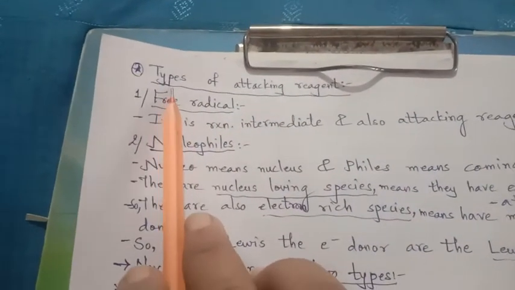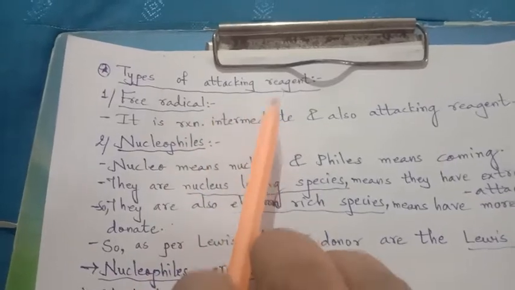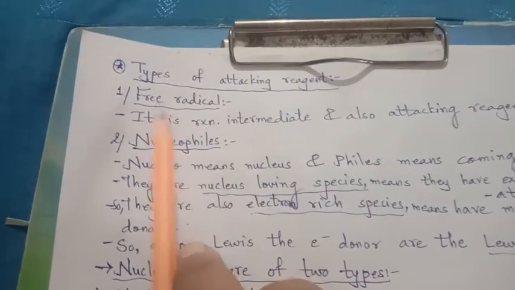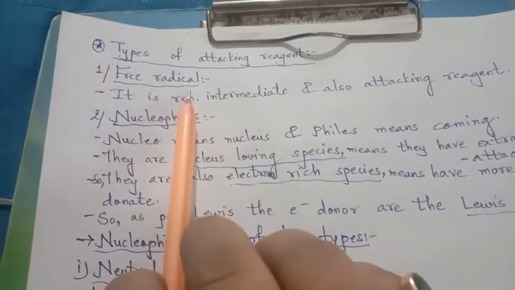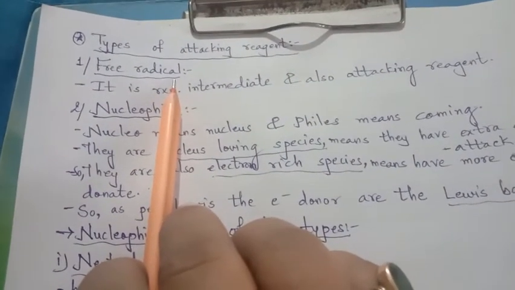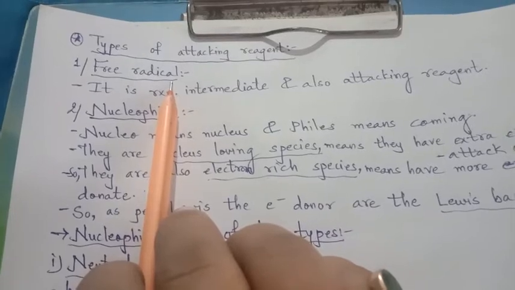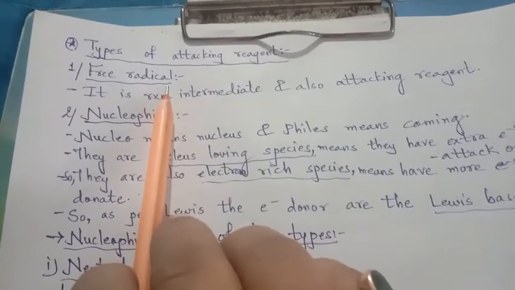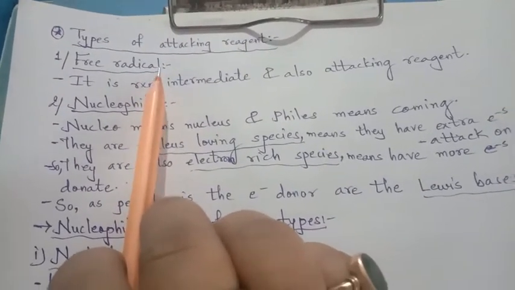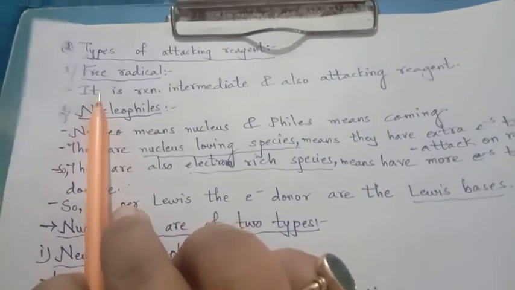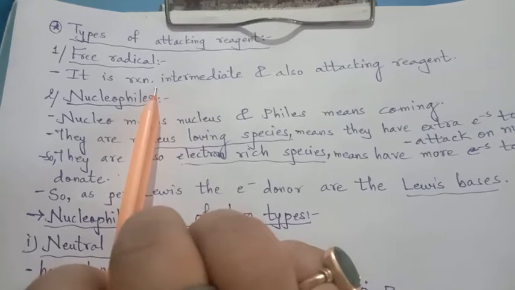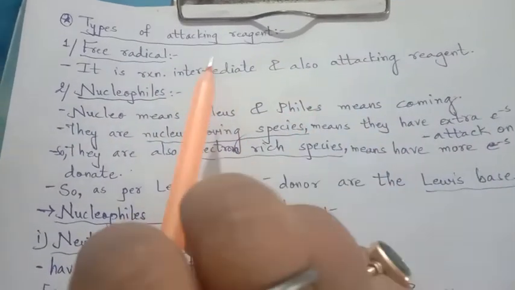So now we will discuss types of attacking reagents. The first type of attacking reagent is free radical. Free radical we have discussed in reaction intermediate: free radical, carbocation, carbanion. So we are not going to discuss it again, but here I have written that it is a reaction intermediate and also an attacking reagent.